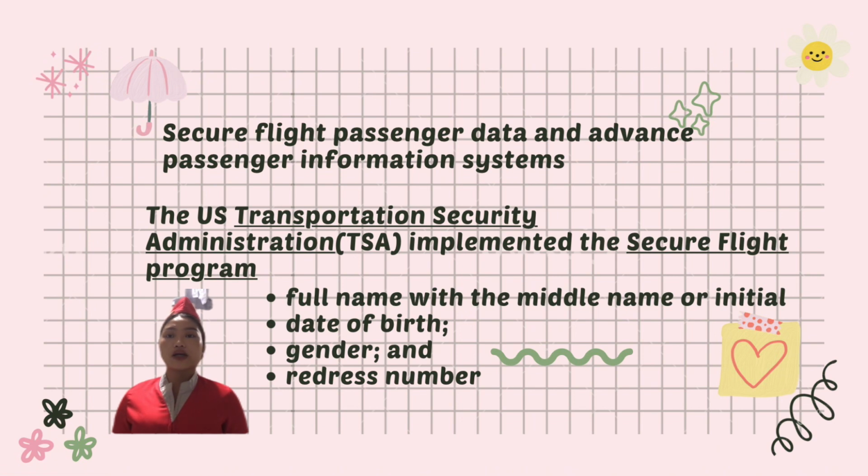This unique number is particularly important if a passenger has a common name shared by many people or if she or he has already been misidentified in the past when crossing US borders.